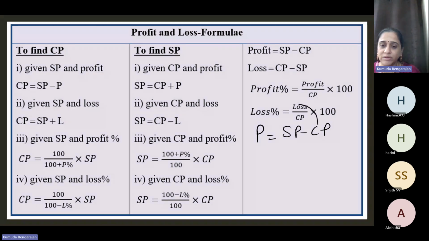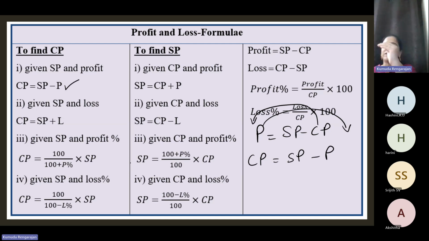Now you transpose, bring your CP here and take the profit there. So minus CP will become plus CP is equal to selling price minus profit. So CP is equal to SP minus profit. Selling price minus the profit margin will be your cost price.